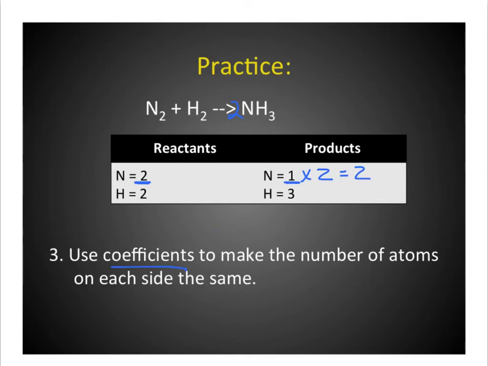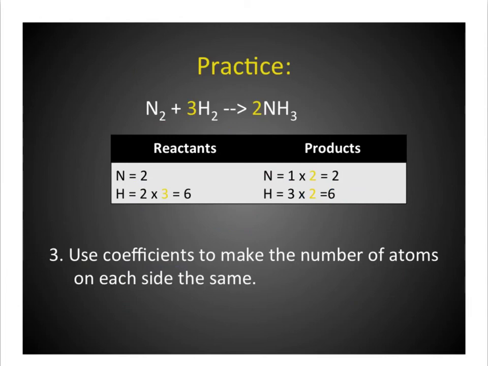But this 2 that we have up here is for both the N and the H. So we have to multiply our H by 2, and that gives us 6 H's on the product side. That's kind of a problem because we only have 2 on the reactant side. If we put a 3 here in front of the hydrogen, that would take this 2 times 3 equals 6. Now our hydrogens have matched up.